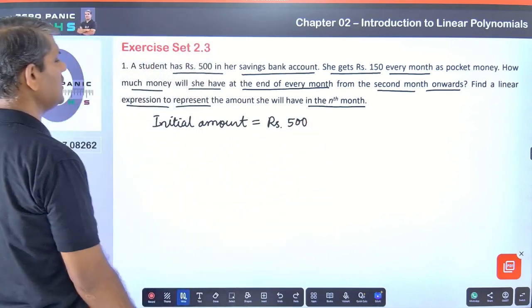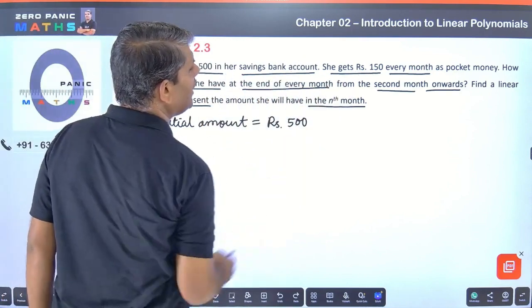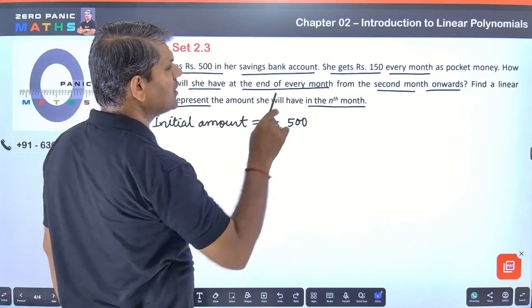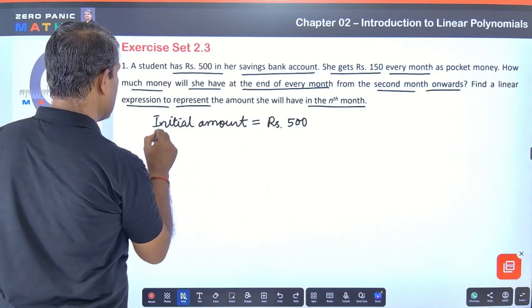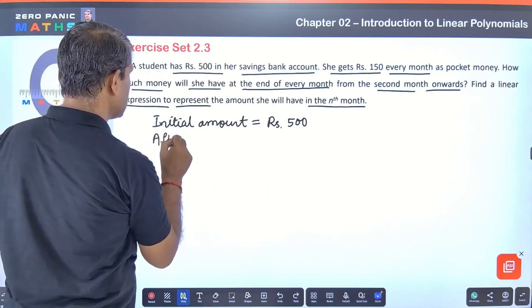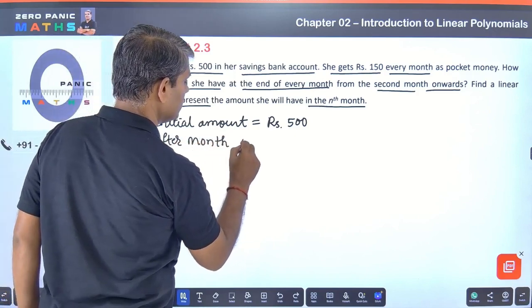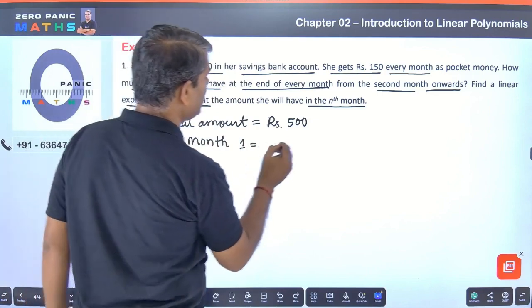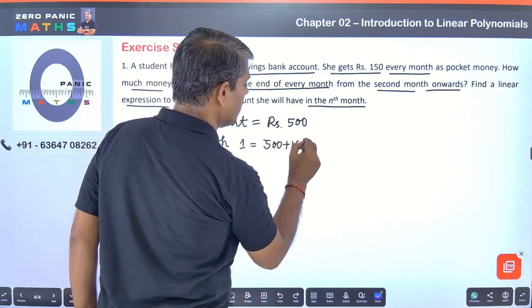Initially she has rupees 500 in her bank, and after every month she is going to get 150 rupees added to this. After month 1, it is 500 plus 150, correct?